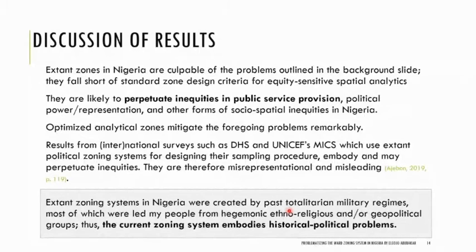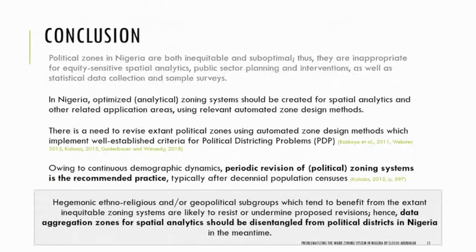So surveys that have used extant zones for their sampling procedure, in my opinion, from what I've found, are misrepresentational and misleading, and to an extent, the likelihood would be entrenching extant inequalities in Nigeria, to the disadvantage of groups that were underrepresented at the time the extant zones were created.